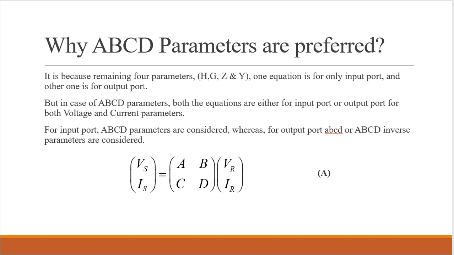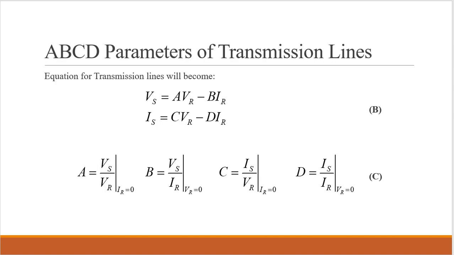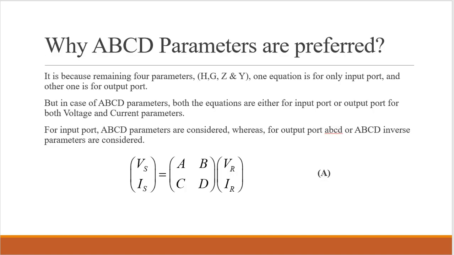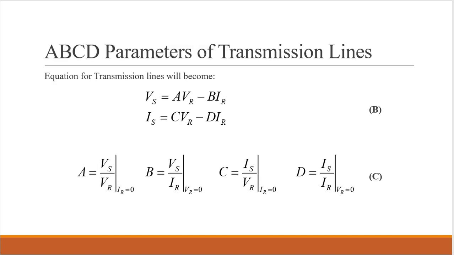Therefore, this is the fundamental equation for the voltage source and for the voltage and current across the sending end. After it, let me tell you that from this equation A I have obtained equation B, where Vs equals AVr minus BIr, and Is equals CVr minus DIr, right?